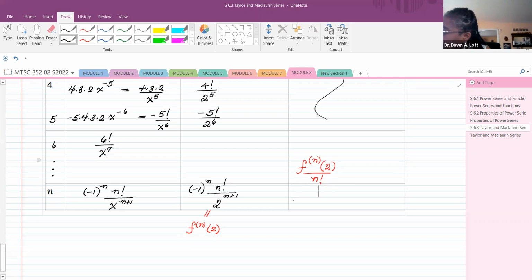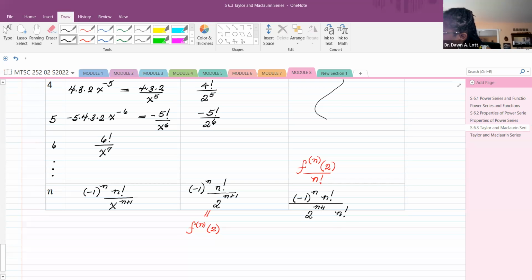So that's going to take a -1 to the n times n factorial divided by 2 to the n plus 1. And I'm going to divide that thing by n factorial.